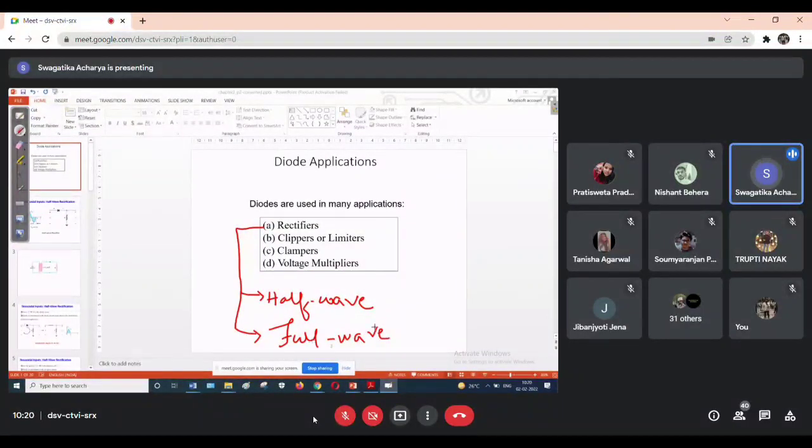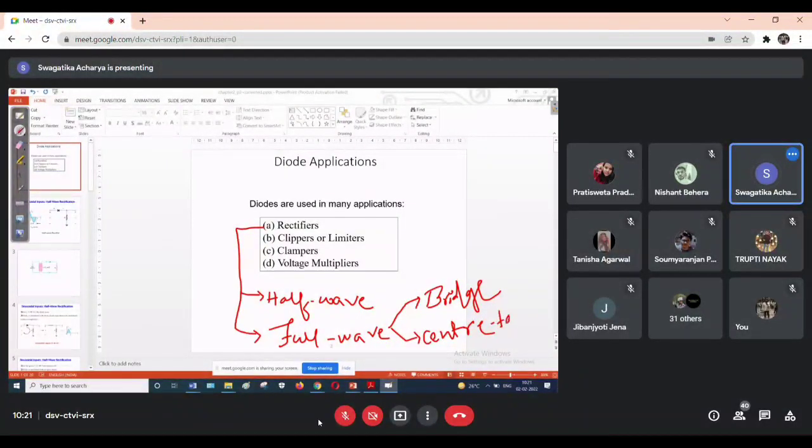Now there are two types of full wave rectifiers as well. One is full wave bridge rectifier and one is full wave center tapped rectifier.